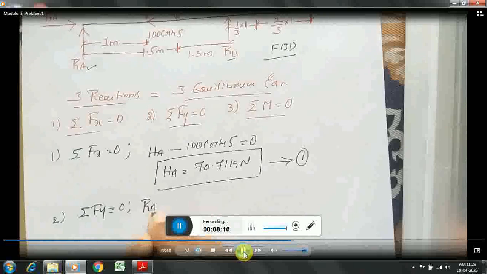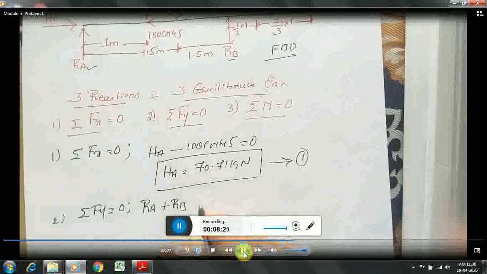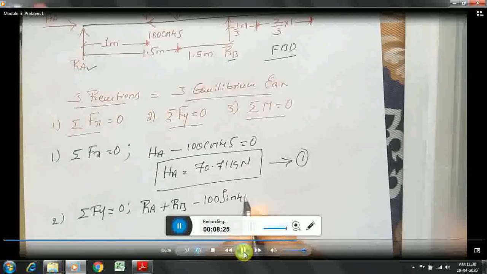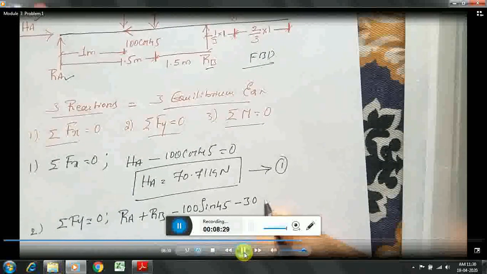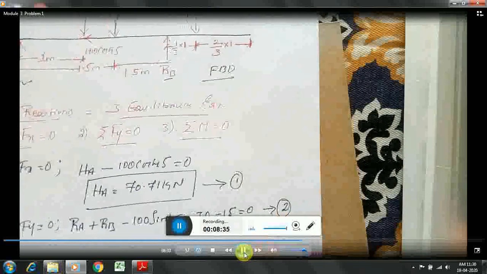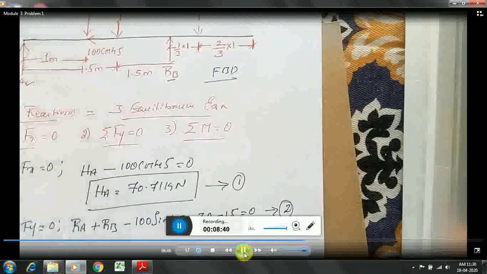So it is RA plus RB minus 100 sin 45 minus 30 minus 15 is equal to 0. Call this equation number 2.